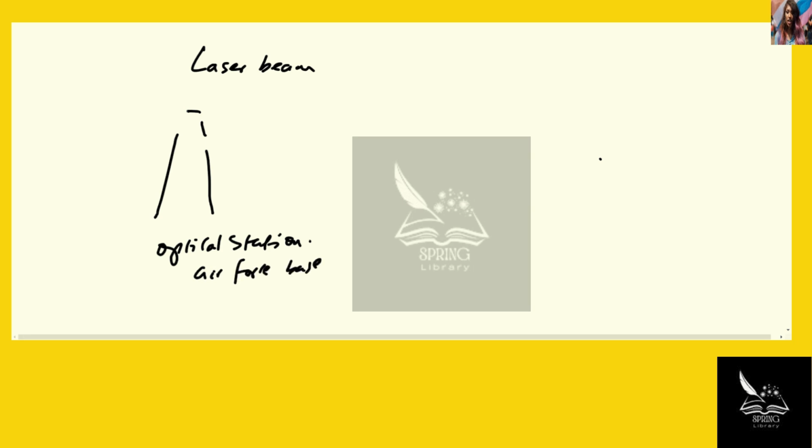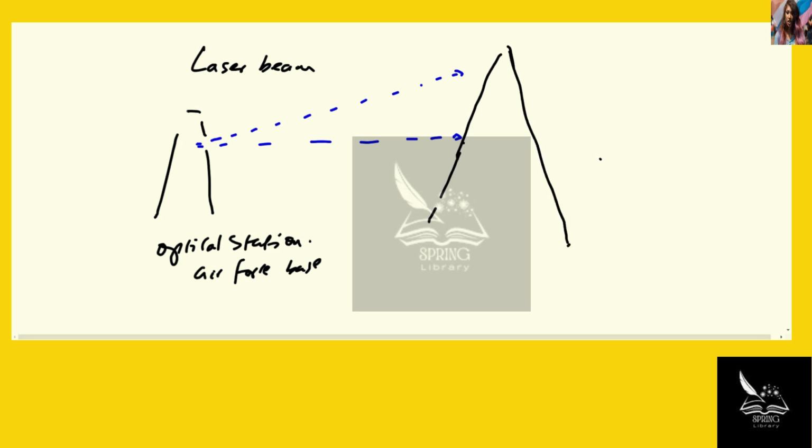And so what happens is the beam takes off. The beam takes off and goes in one direction, and it so happens to be going onto a shuttle. So it's going to collide with a space shuttle.